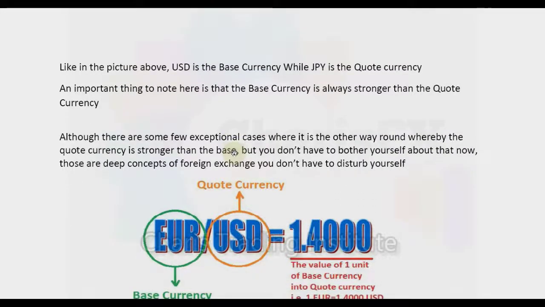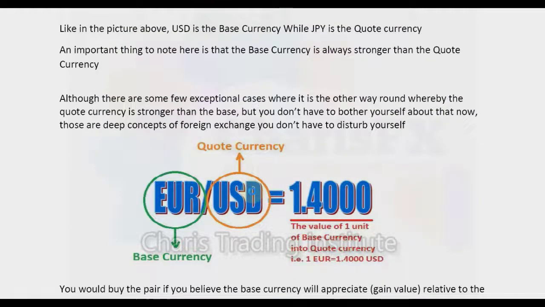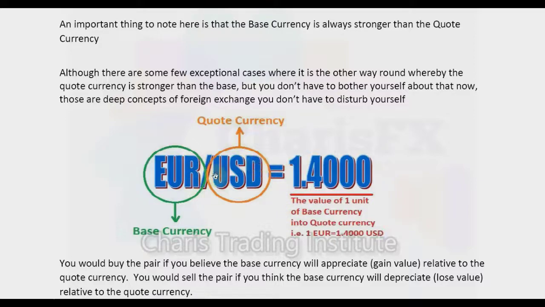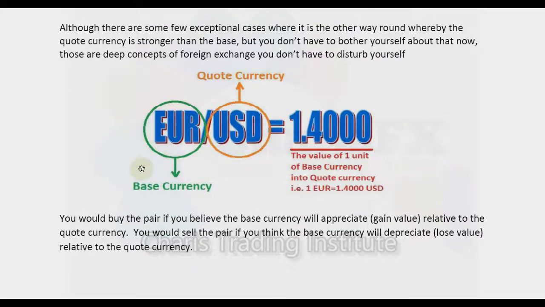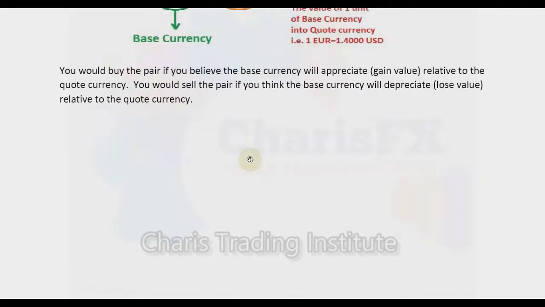You have to take note of this. When you have Euro USD, remember we said if Euro USD equals 1.4000, then the value of 1 unit of Euro is equal to 1.4000 USD. This is what this literally means. The base currency is always greater than the quote currency. Something you should take note of.